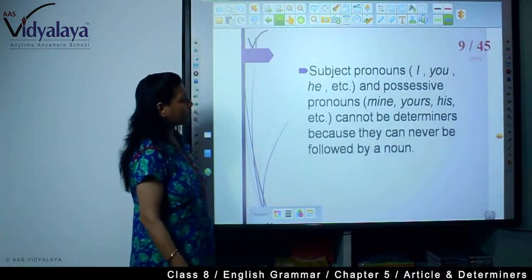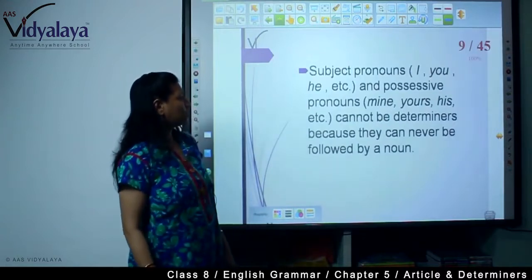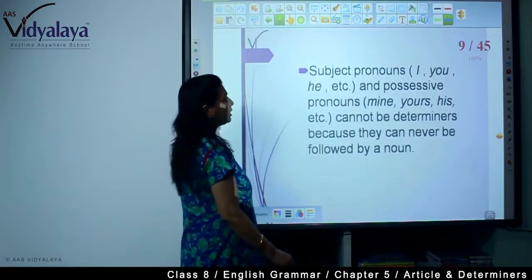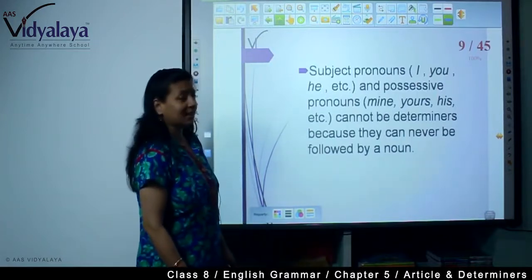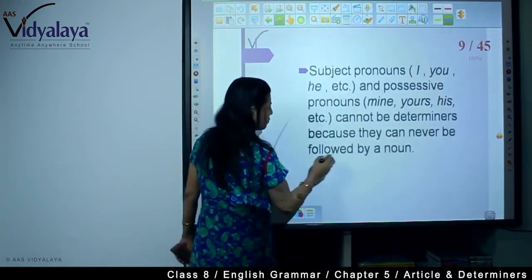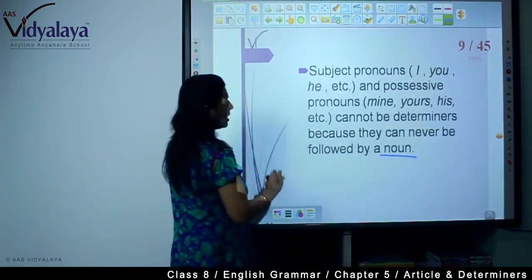Now, subject pronouns, I, you, he, etc., and possessive pronouns, mine, yours, his, etc., cannot be determiners because they can never be followed by a noun.